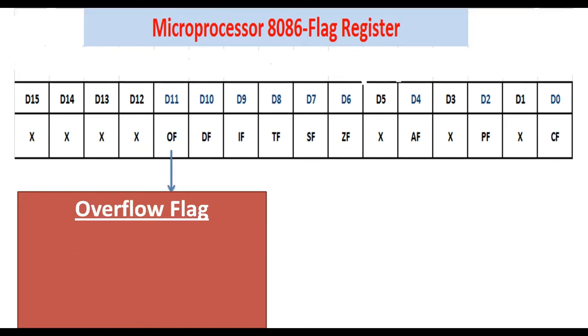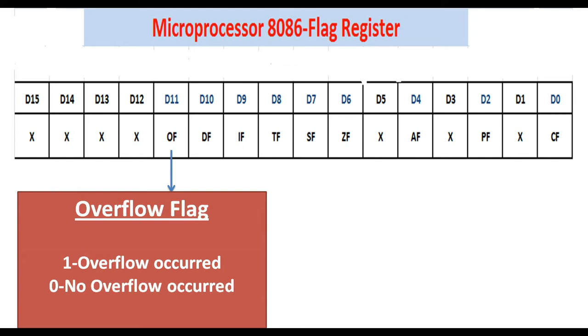Now the next flag from the conditional flags is the overflow flag. This flag represents the result when the system capacity is exceeded. For example, when we multiply two numbers FF and 11H, the result will not be stored in the D0 to D7 bits. It must require D8 to D15.